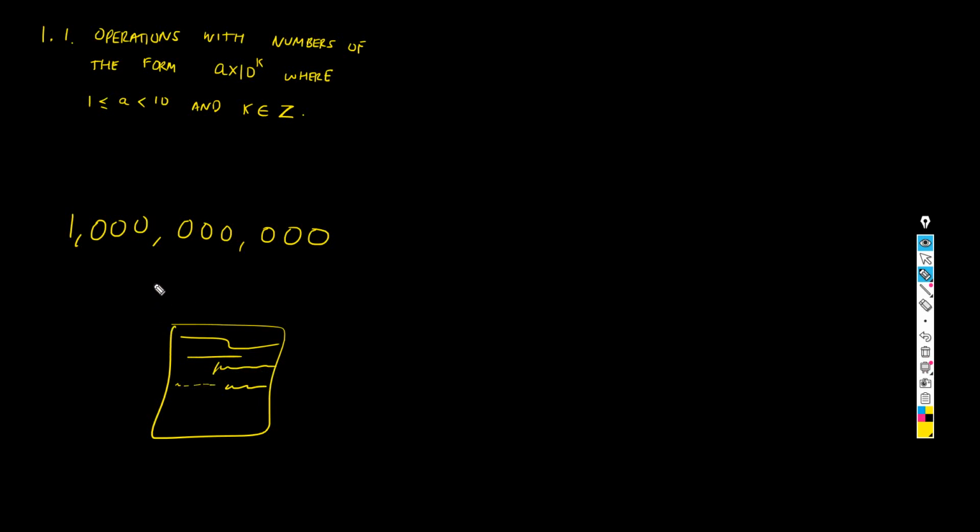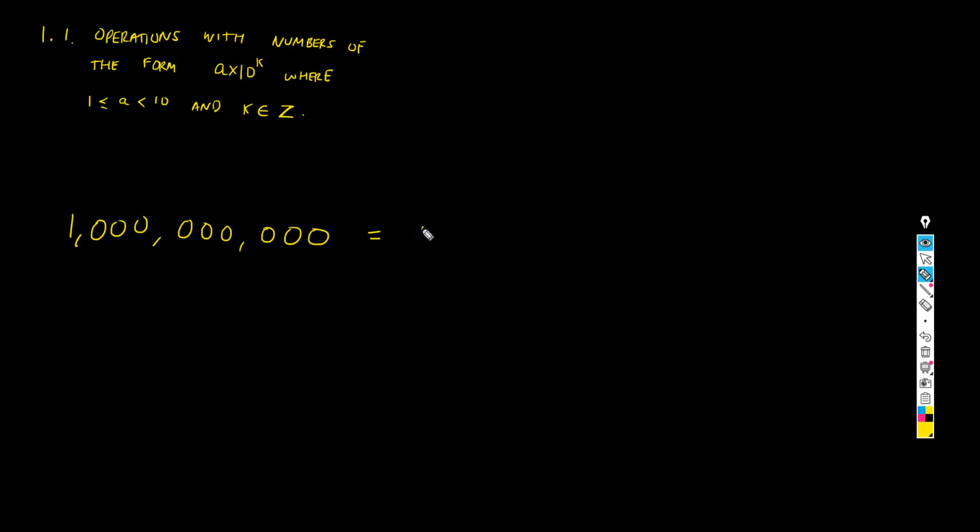It's too cumbersome. It's such a chore to be writing a big number like this all the time because it has too many zeros. So what people invented some time ago was a way to express numbers that are way too big or way too small in a much more compact way. So how do we write this in another, much more economical form?